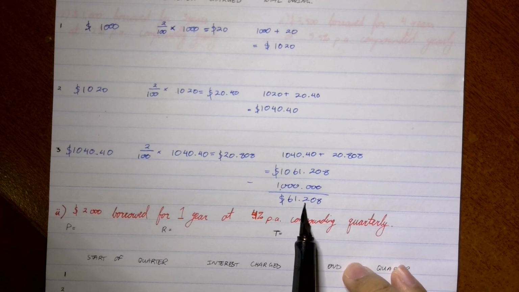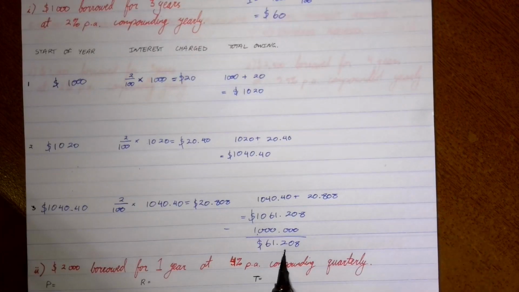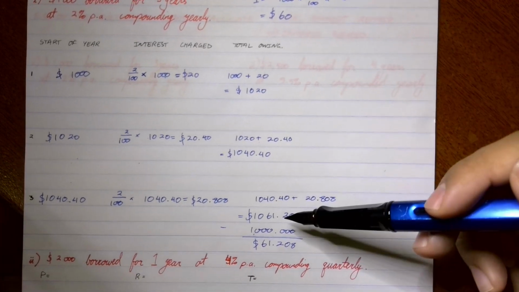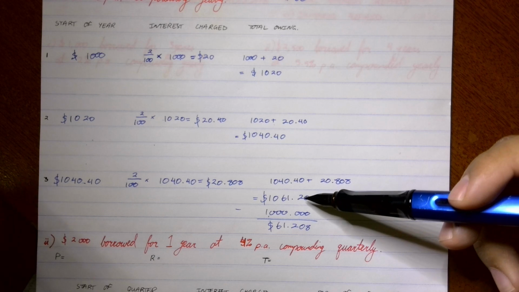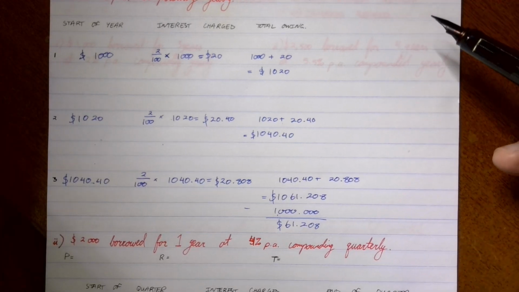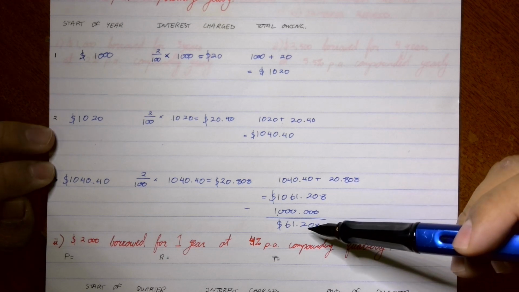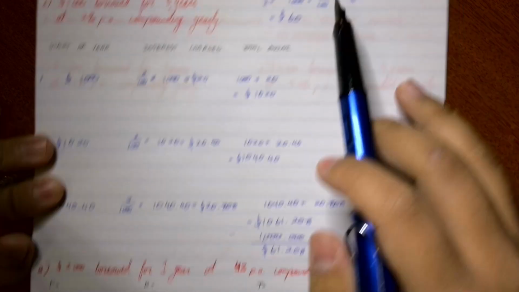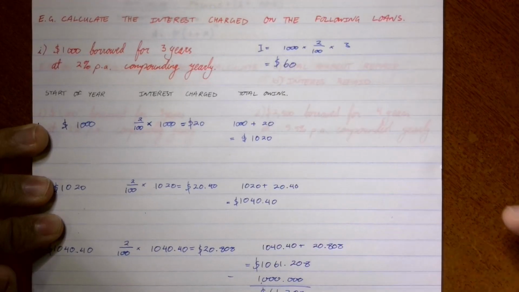So there's about $1.20 more than the amount of interest that you would normally get. You can imagine this over a long period of time, or even with a larger amount of money. This amount is going to be much larger than just doing simple interest.